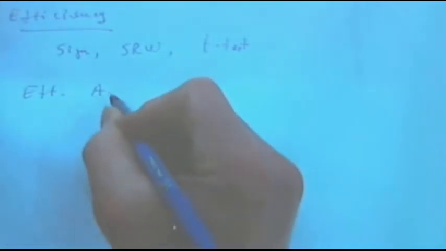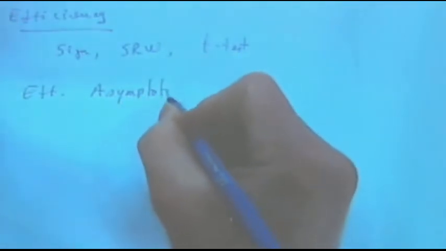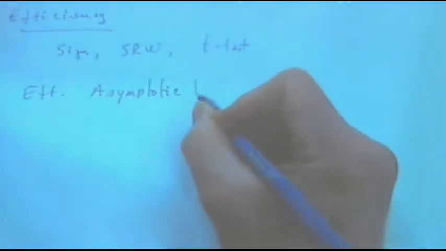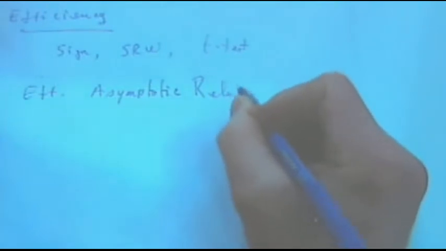This would be the ARE, the asymptotic relative efficiency.